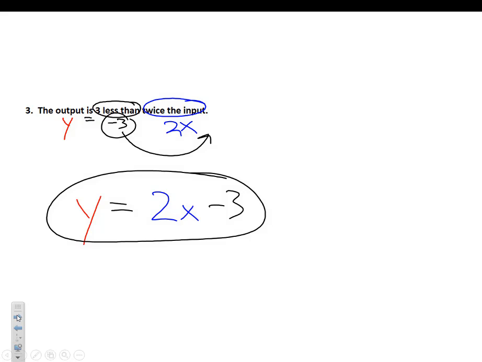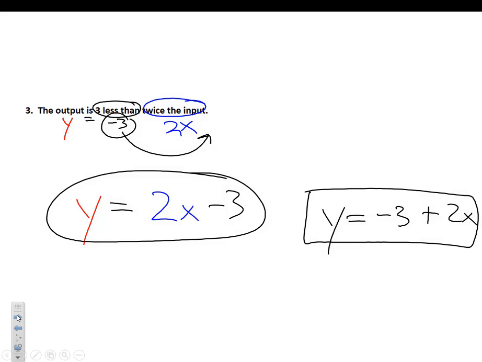Outstanding. Now, some of you might want to ask, could I write that y equals negative 3 plus 2x? And the answer to that question is yes, that is an acceptable way to write that because that 2x term is positive. So I could put a plus sign between there because I can add in any order.